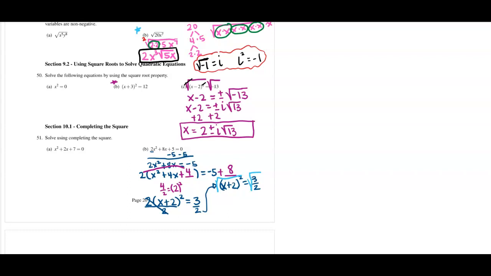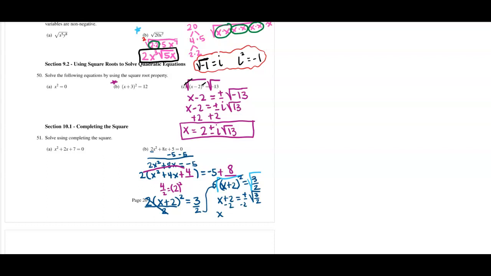Right? So that's going to give me just what's inside comes out, because that square root and that square cancel out. I'm left with x plus 2 equals plus or minus the square root of 3/2. And then I just need to subtract my 2 over.